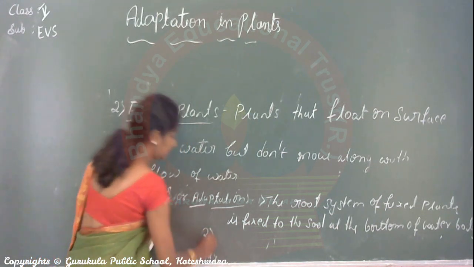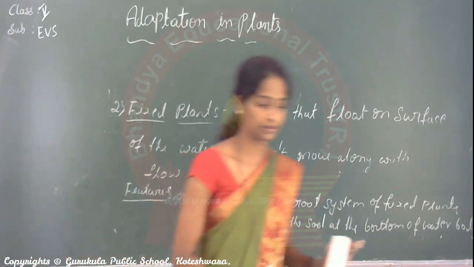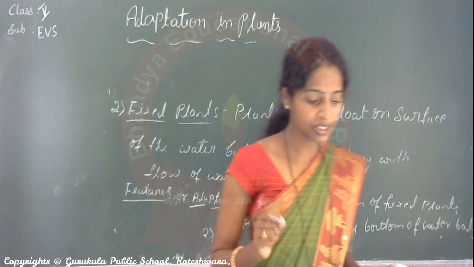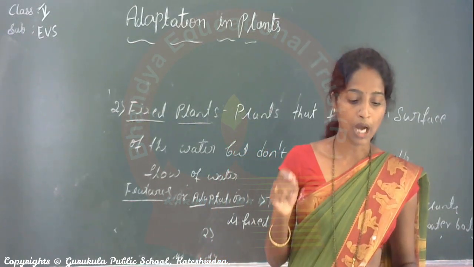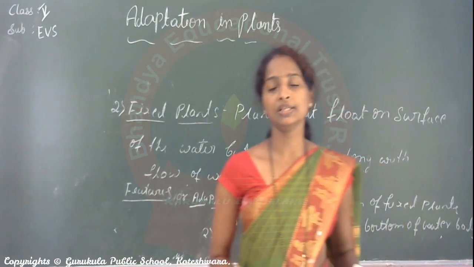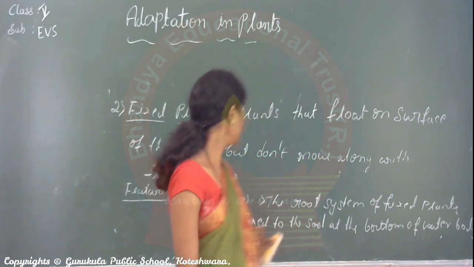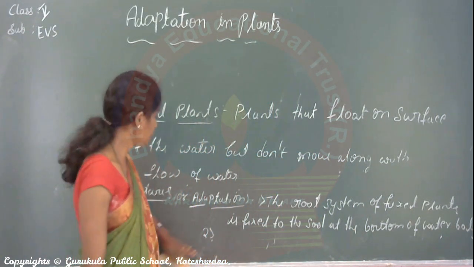Second one is the leaves have stomata on the upper surface for exchange of gases.